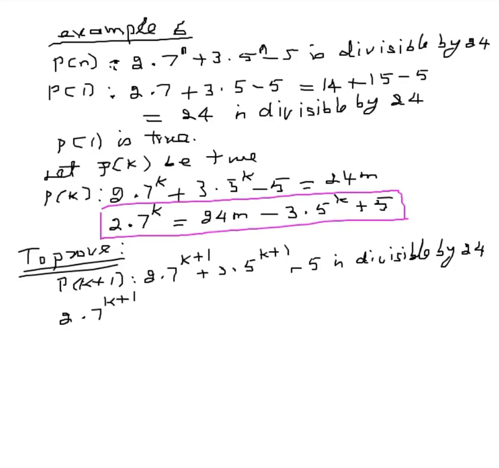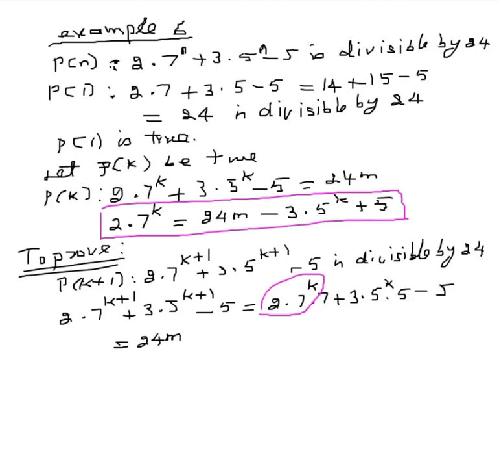2 times 7^(k+1) plus 3 times 5^(k+1) minus 5 is equal to, I can split the power and write it as 7^k into 7, similarly 3 into 5^k into 5, and minus 5. Let us substitute for 2 times 7^k from the P(k) statement.